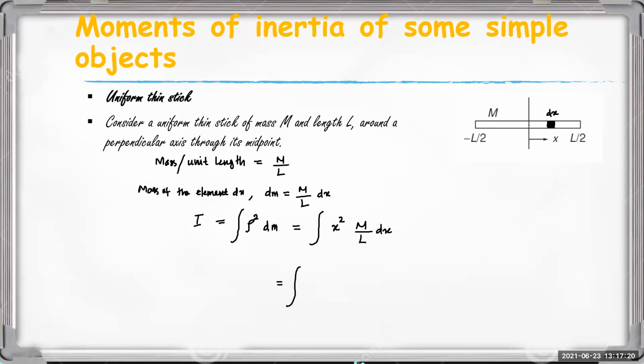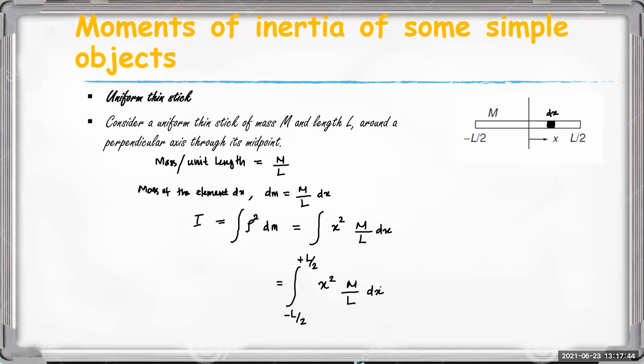From the midpoint, the length to the backside is taken as minus L by 2 to plus L by 2 into x square m by L dx.